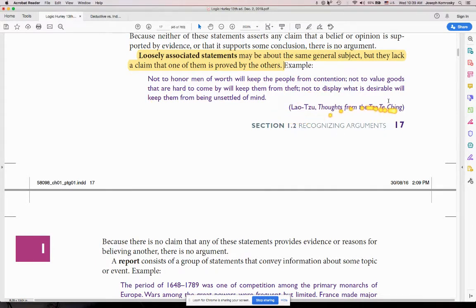So you might say this is really good wisdom, but it's kind of scattered. They're loosely associated statements about some general wisdom, but there's not really premises, evidence, or conclusion supporting a very specific conclusion. So you might say, yeah, they're related, these series of passages, but it's not a conclusion. They're not premises supporting one, so it's not an argument altogether.